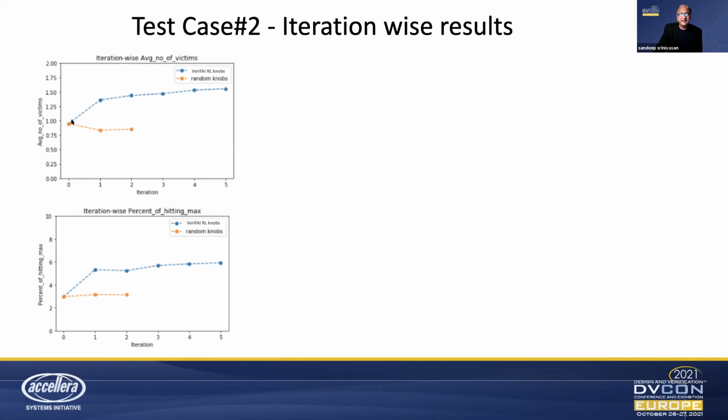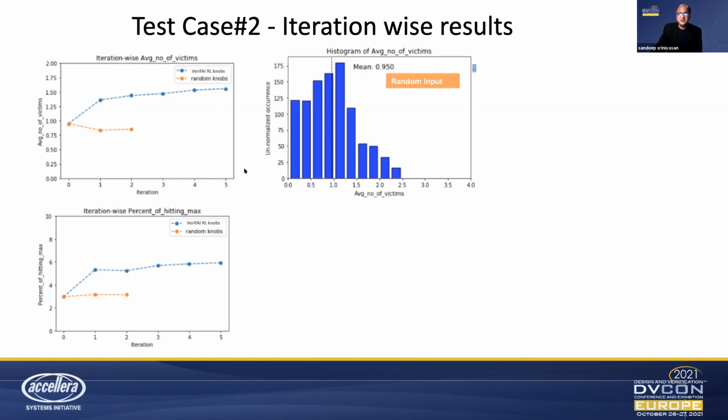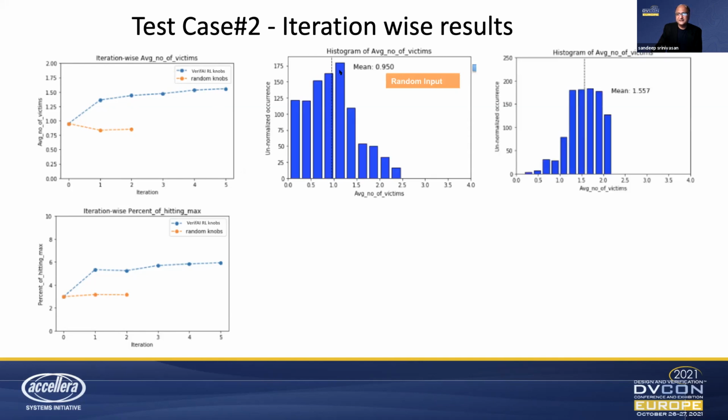You can see the RL agent starts producing much higher average numbers of victims than a random choice of inputs for the Google instruction generator. We also plotted the histogram of the average number of victims versus the occurrence.